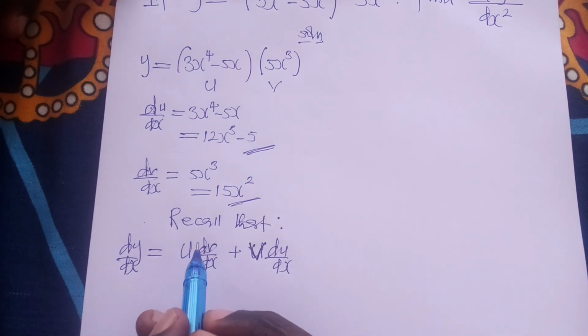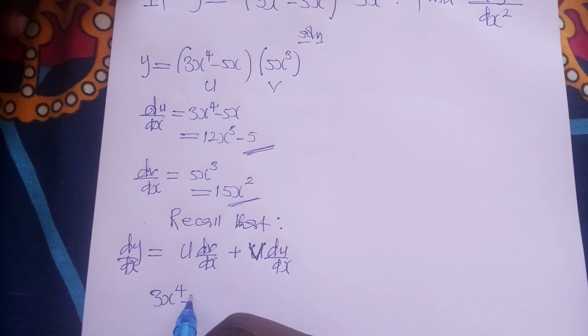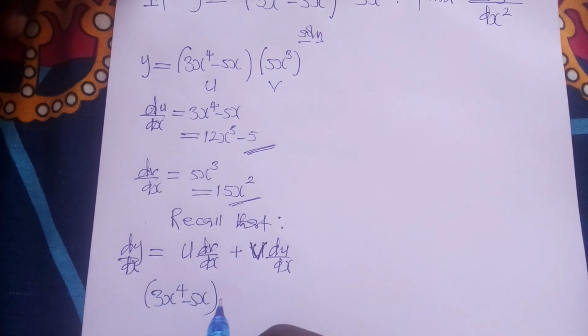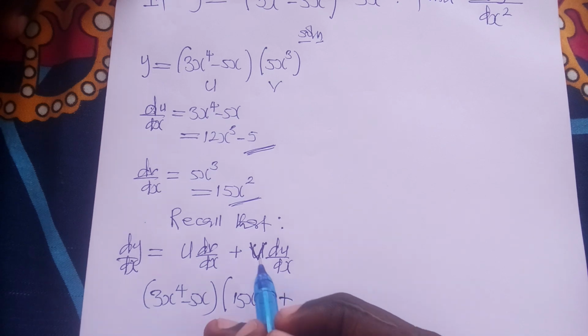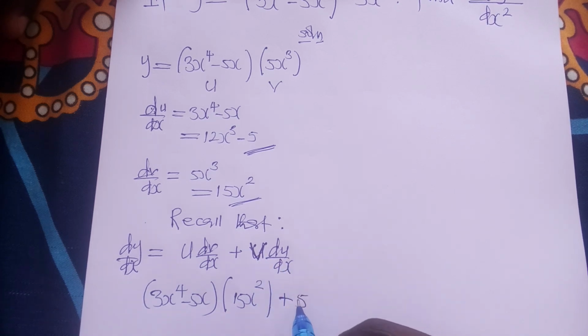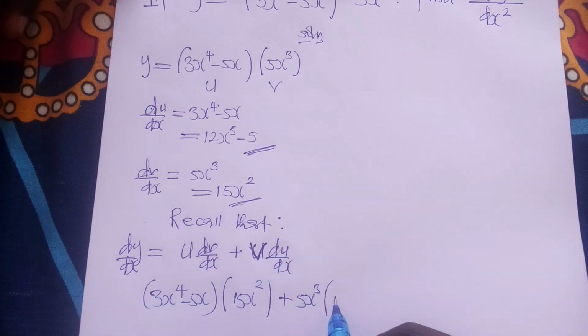Now what is u? We know u is given as 3x raised to the power 4 minus 5x into what is dv upon dx, given as 15x raised to the power 2, plus what is v, and v is given as 5x cubed into what is du upon dx, it is given as 12x raised to the power 3 minus 5.